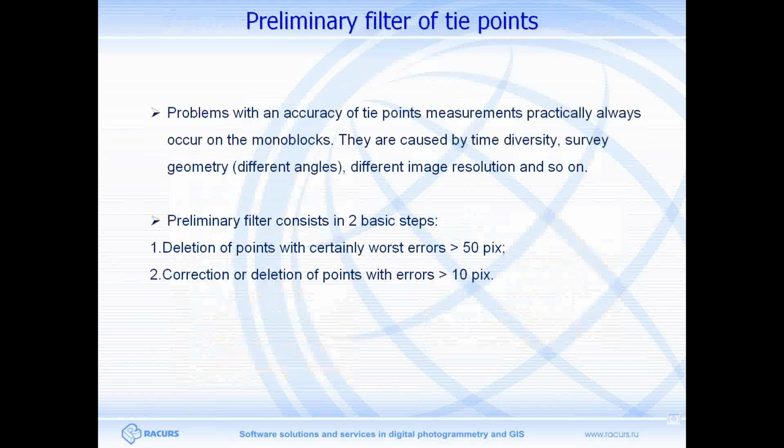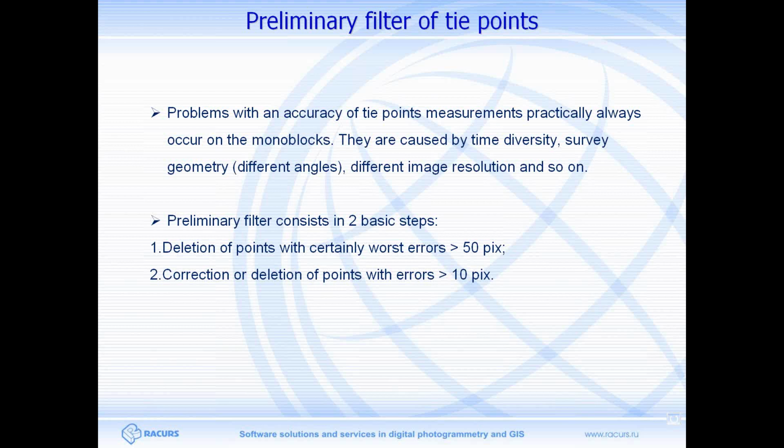Next, some steps of tie points filtering, removing the blunders. Yes, the problems with the accuracy of tie point measurement almost always occur on the monoblocks, because the images in monoblocks came from very different sources, different resolution, different sensors, different angles, so they look different, and the correlator sometimes gets into trouble in measurement.